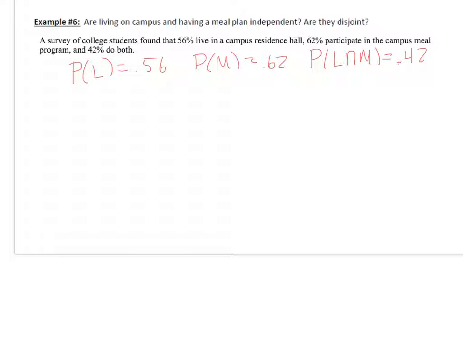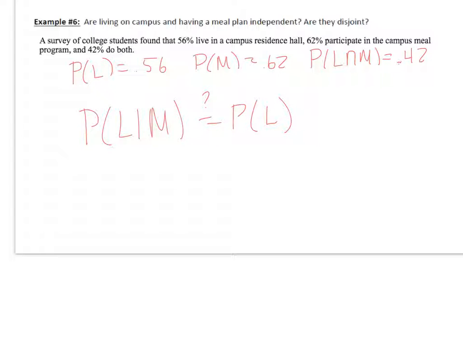I'm going to check: is the probability of living on campus given the meal plan equal to the probability of living on campus? That's how I'm going to go about checking it. You could check meal plan given living on campus equaling the probability of meal plan if you want to. Either way, they should show the same thing.